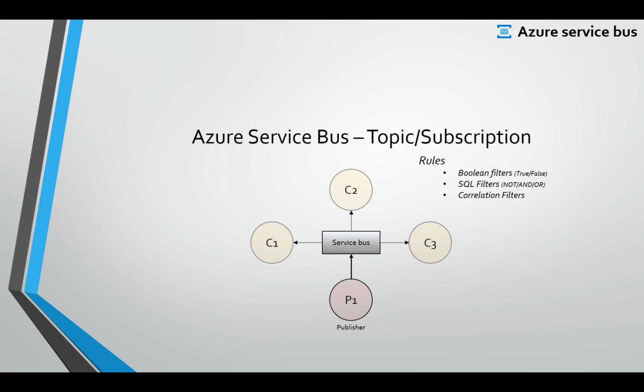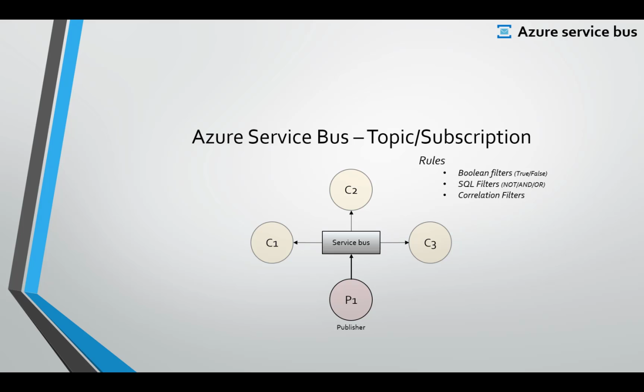Correlation filters can filter on content type. It's a property that you set on a message that defines the payload. You can set that this payload is a type of order or a type of person or anything. You can set a label, message ID, reply to, session ID, and to.